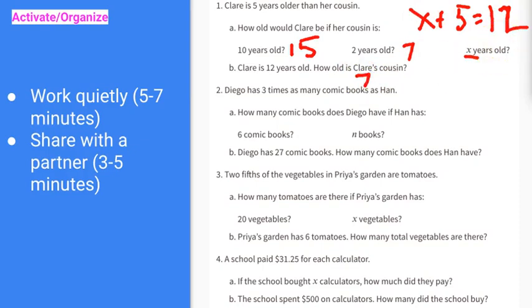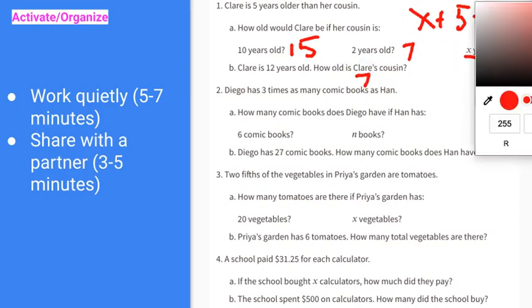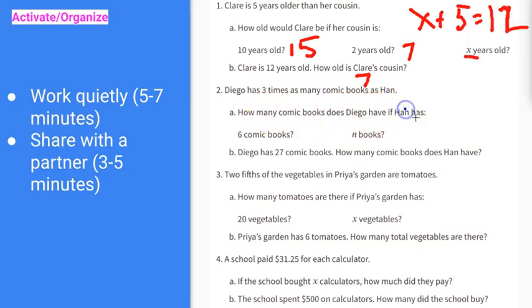All right, what about this next one with Diego? Diego has 3 times as many comics as Han. How many comic books does Han have, or does Diego have, if Han has... Again, what's going on here? We know that whatever Han has, we're going to need what for Diego?